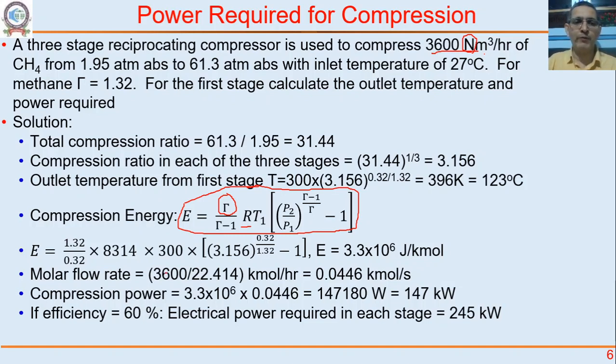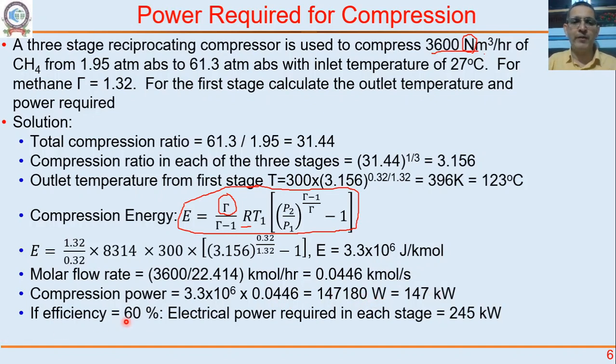So molar flow rate would be 3600 divided by 22.4 kilomoles per hour. If I divide by 3600, it will be 0.0446 kilomoles per second. So power required will be 3.3 into 10 raised to 6 multiplied by this molar flow rate. It will give me 147180 watts or 147 kW.